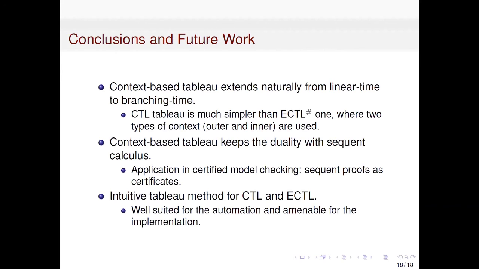But in terms of the size of the system, on a small number of examples, comparing this technique with the standard two-pass tableau method, we didn't see much difference in the construction for the small examples. So that's negligible in a sense.